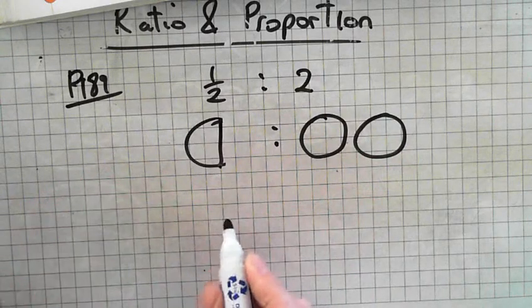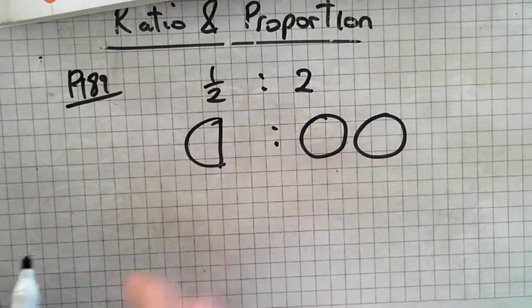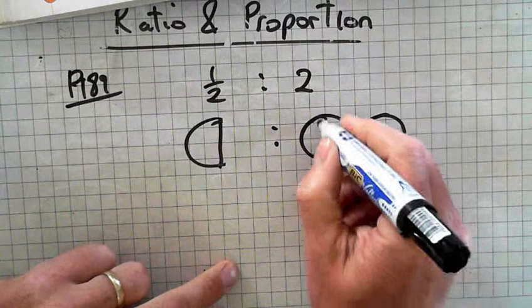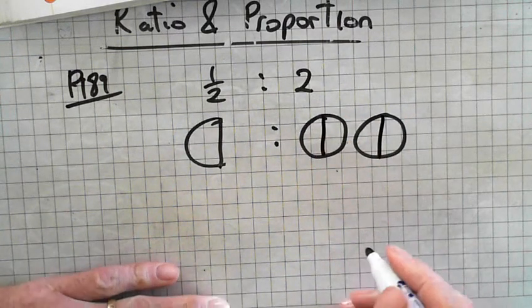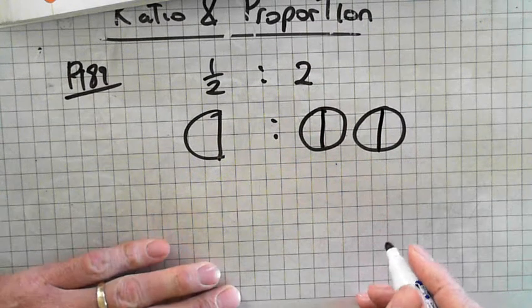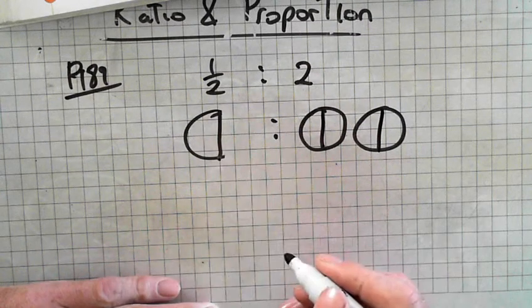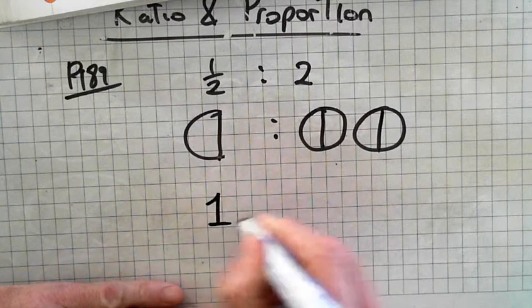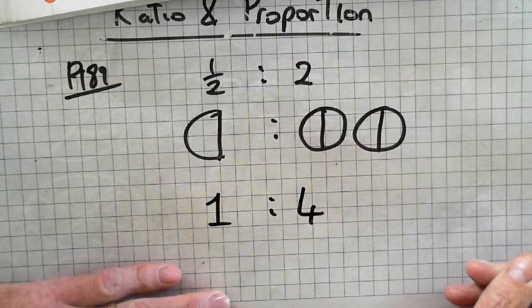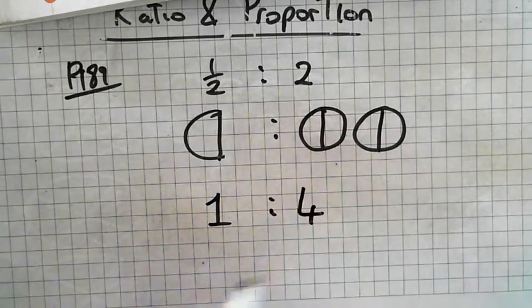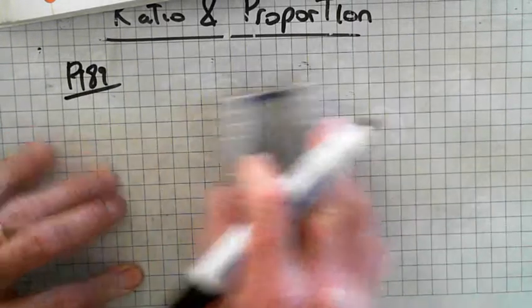But what's the smallest portion? The smallest portion is a half, isn't it? So we'll make everything into halves. Now we're talking about halves. How many halves do we have? 4. Not easy, but if you draw it out in terms of cake, you get it done.